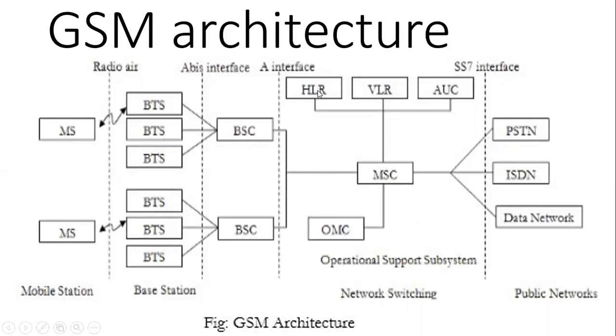Then there is the home location register, the visitor location register, the database, the authentication center, and the heart of any cellular digital communication system, that is the mobile switching center. This is a very important part of a cellular communication system. This entire part is known as the operational support subsystem, and this one is the public network.